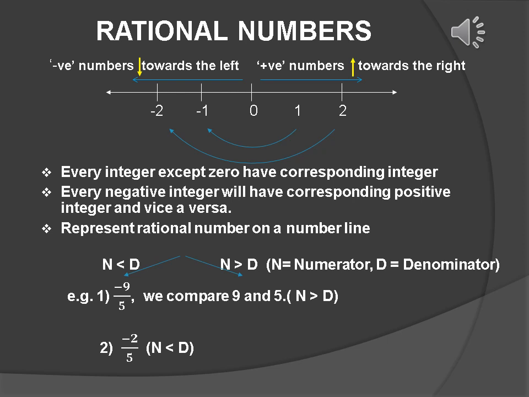Second example, if we are plotting minus 2 by 5 on the number line, we compare 2 and 5. So, minus 2 by 5 comes in the numerator less than denominator category.